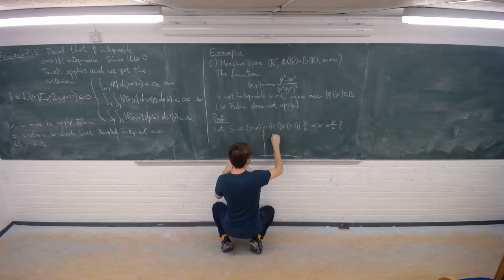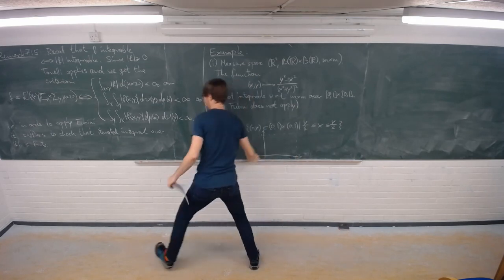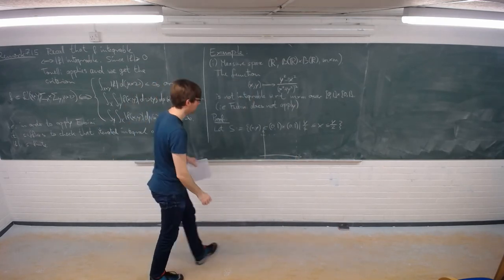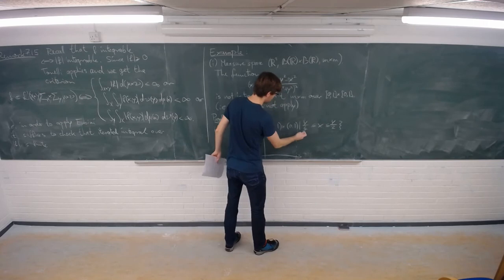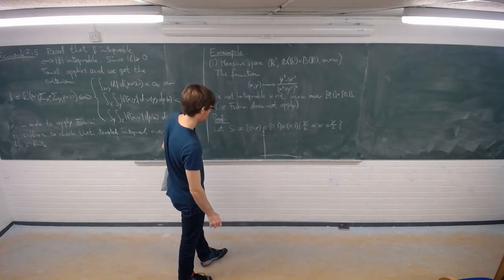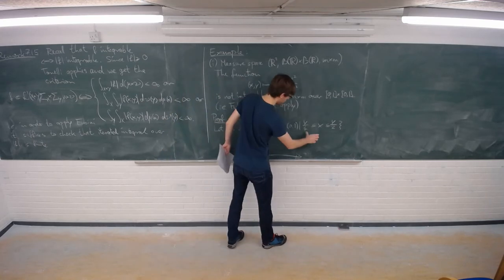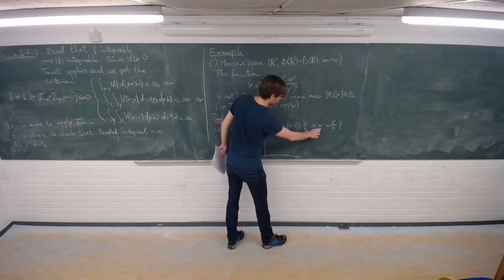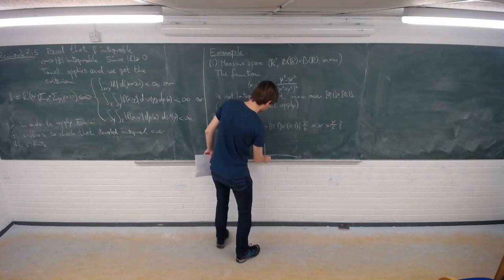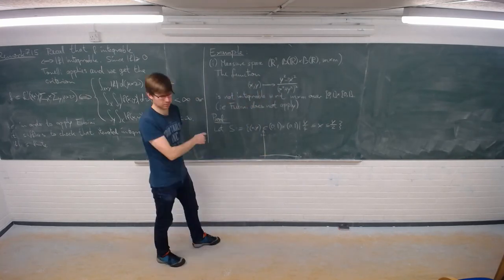So if this is the square [0,1] times [0,1], then on the left-hand side you have equality when y is equal to 4x, right? So that's a line that looks something like this.